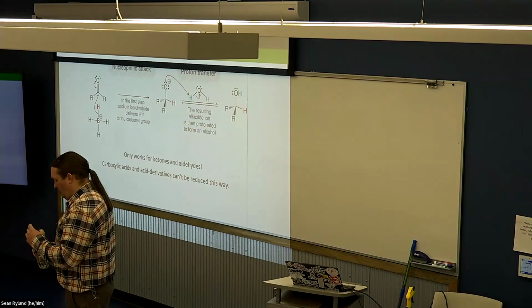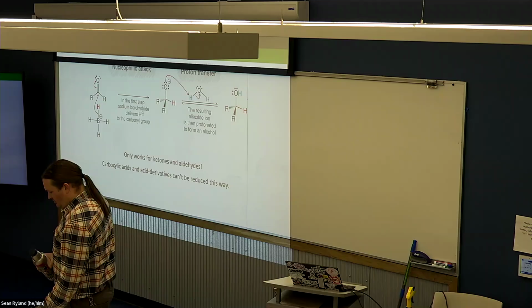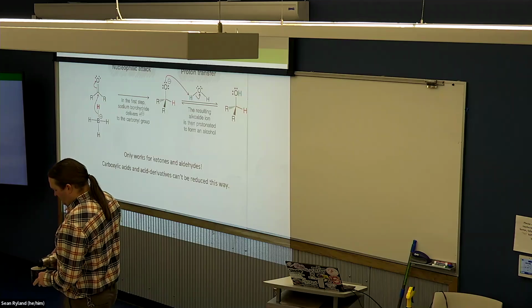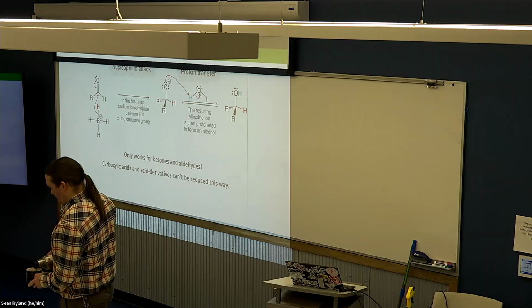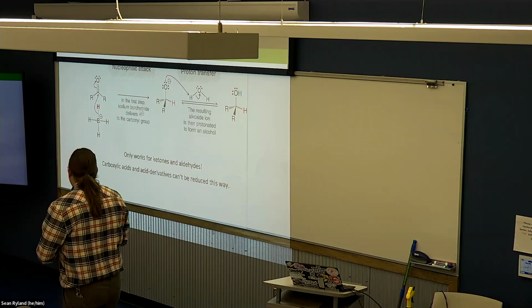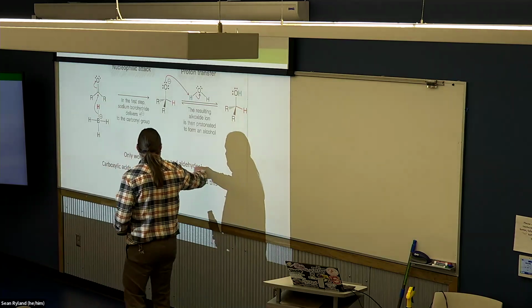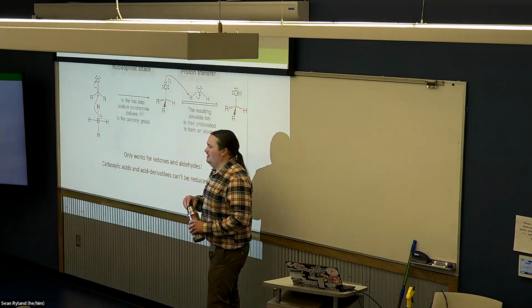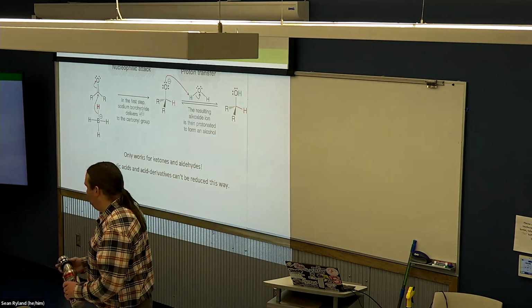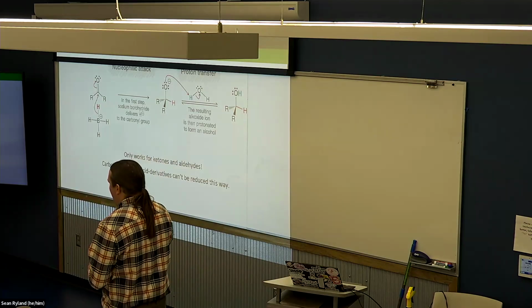You just need a strong enough nucleophile that it can break that pi bond. Which turns out it's not actually that hard. Although it does depend on what type of carbonyl you have. Sodium borohydride can only be used for ketones and aldehydes.